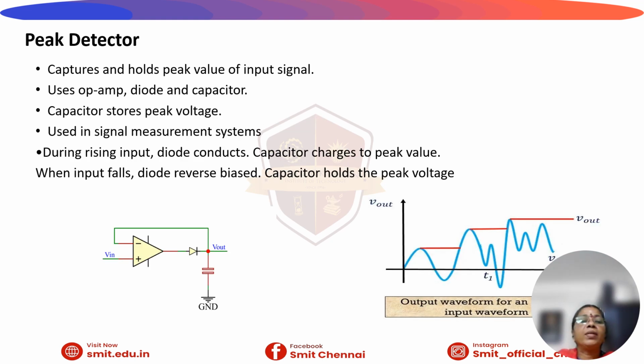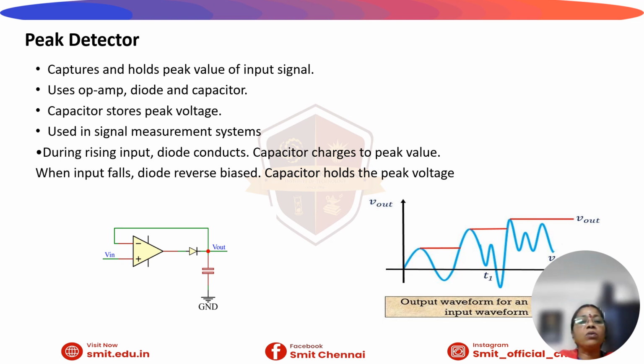Now we will discuss the operation of the peak detector. It is a circuit that captures the maximum voltage value of the input signal and maintains that value on the capacitor until it is reset. It uses an op-amp, diode and capacitor as shown in the circuit diagram.